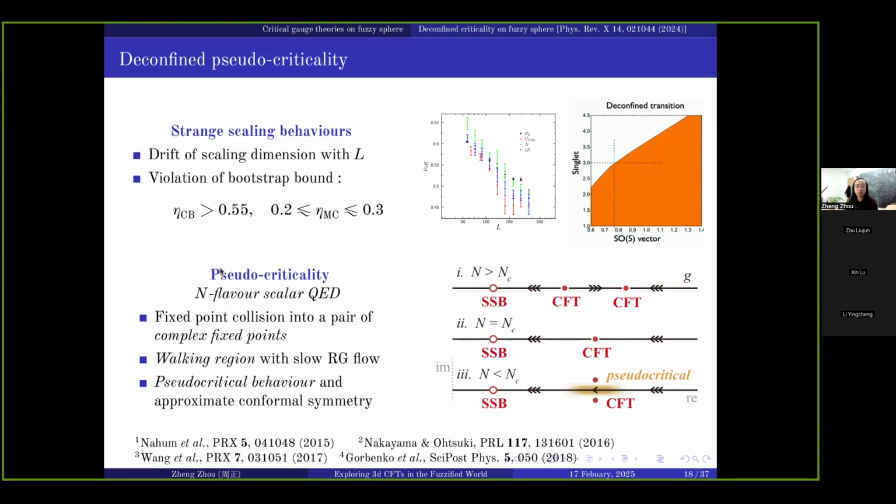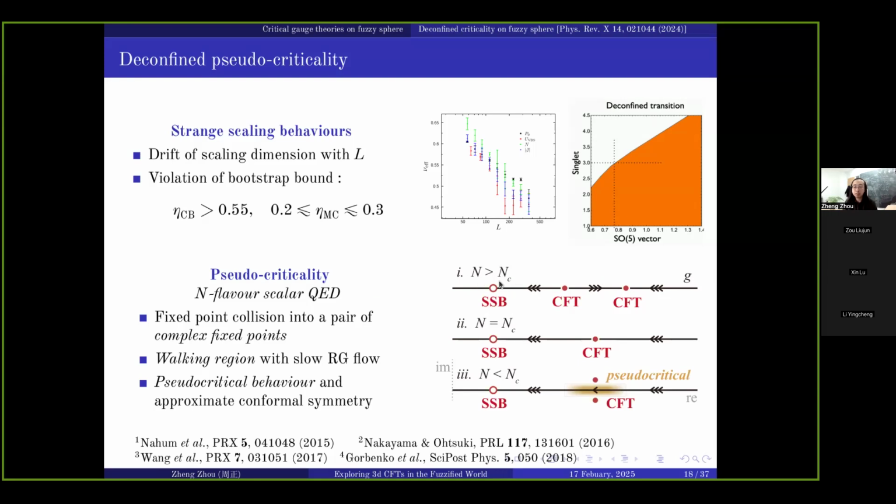To explain the idea of pseudo-criticality, we put the deconfined criticality into the context of gauge theories. For example, the n-flavor scalar QED. At large n, this theory is known to be conformal with 2 conformal fixed points, one attractive and one repulsive, describing the scalar QED and the critical QED.